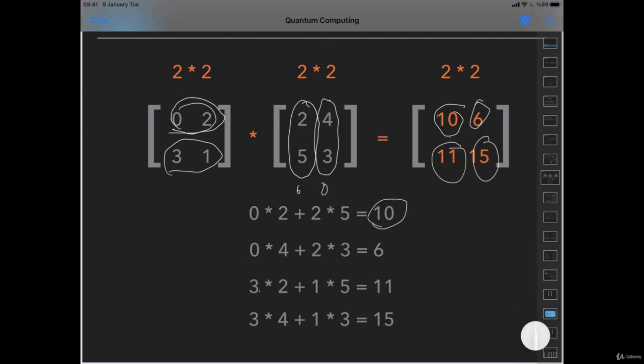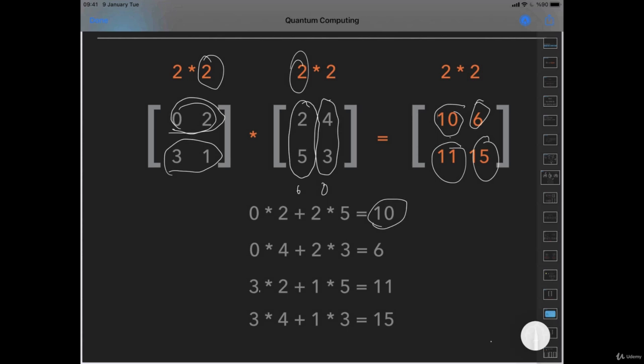Okay, the idea over here is that we started with the first row and multiplied it with the first column of the second matrix. So we have to think about this a little bit, because what happens if you don't have the same number of elements in the first row as in the column?